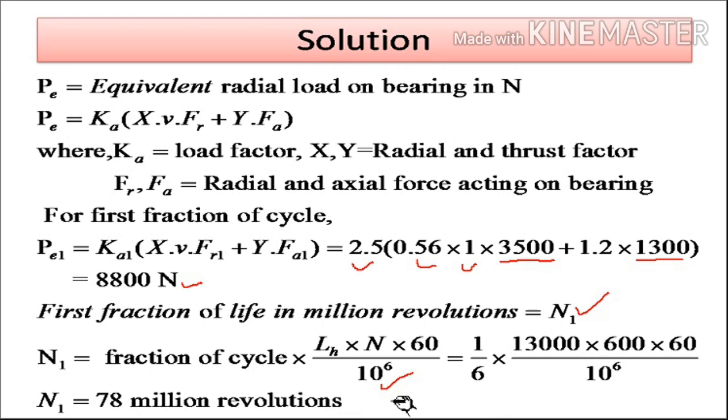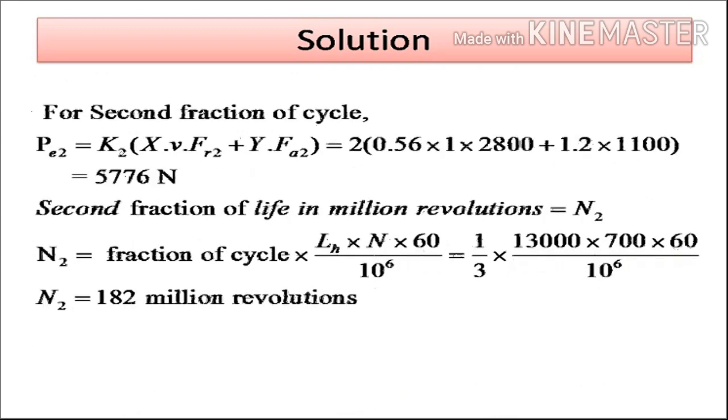Similarly, I will determine for the second fraction of cycle. For the second fraction of cycle, P2 will be equal to K2 into X into V into FR plus Y into FA2. So I will put the value of K2 here, then FR2, then FA2, and by making the calculation of it, I will get this P2 as 5776 Newton.